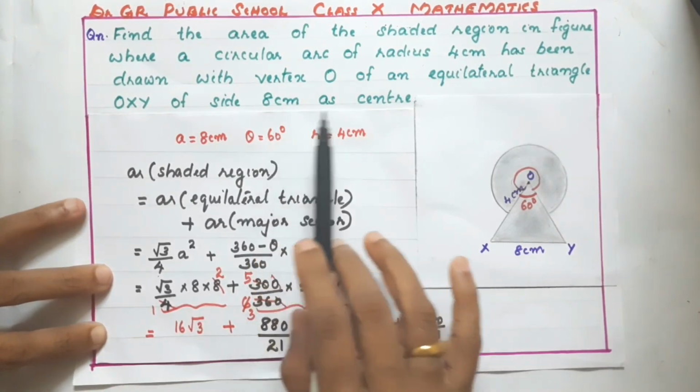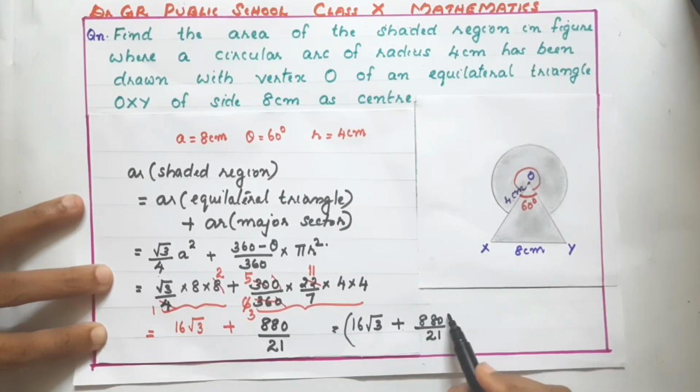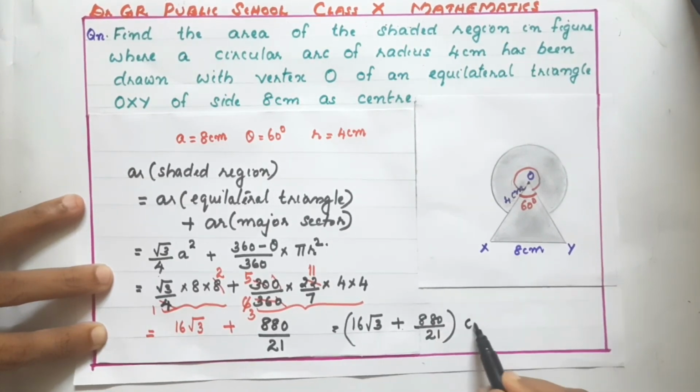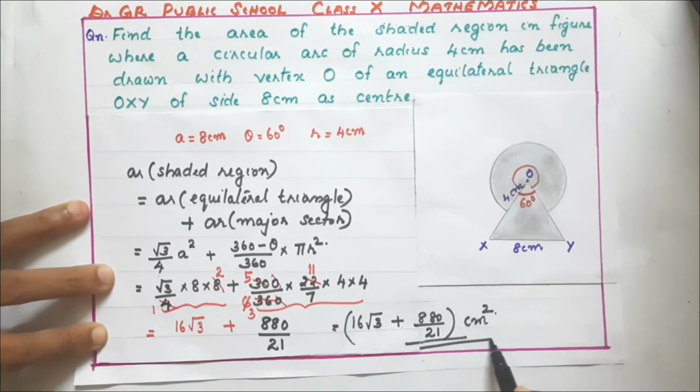If the root 3 value is given in the question, you have to substitute the value and write the simplified answer. But it is not given. Here you can stop it. So, answer is 16 root 3 plus 880 by 21 centimeter square. Okay, children.